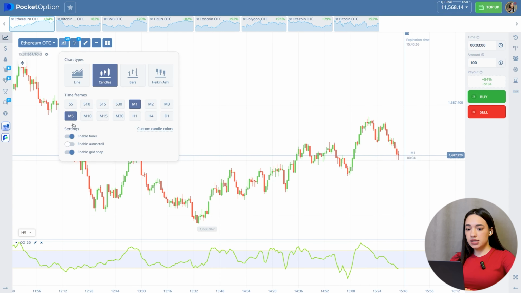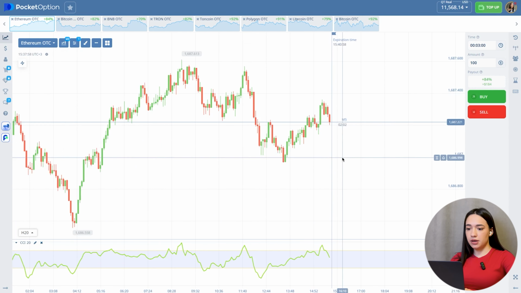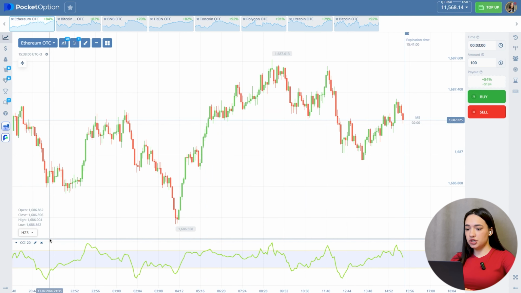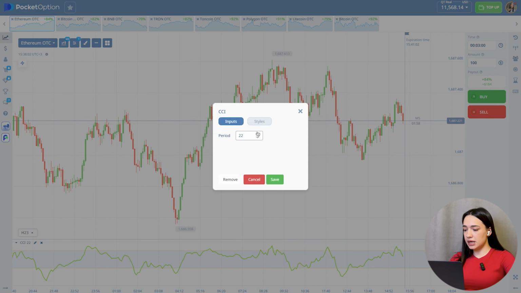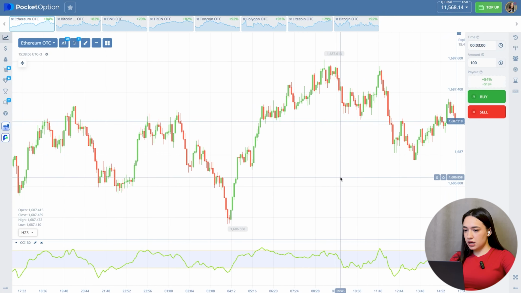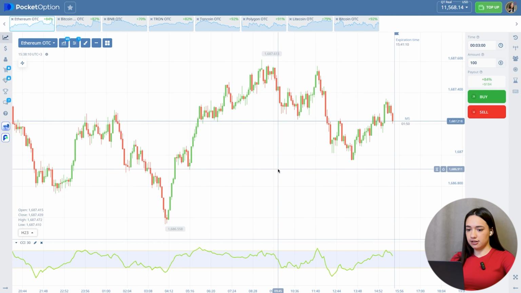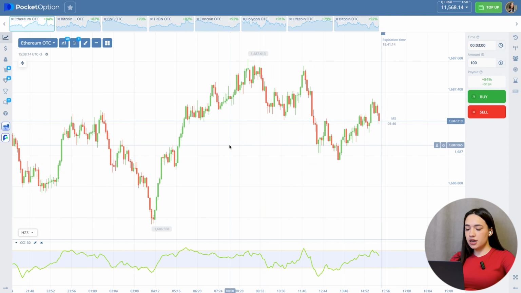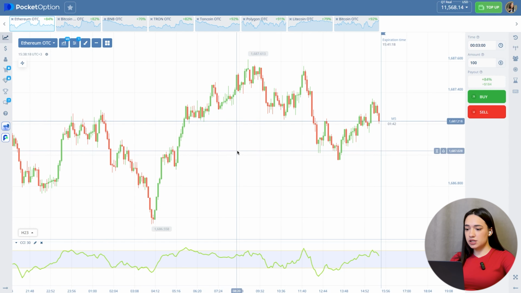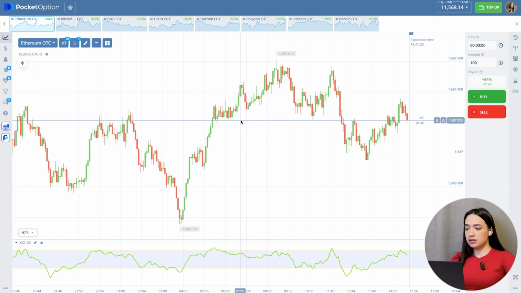And for now, let's select the 5-minute time frame and I will change the period. Let it be 30. And we begin the analysis, finally. As soon as I find the most suitable entry point, we'll meet again and I'll explain everything in detail.